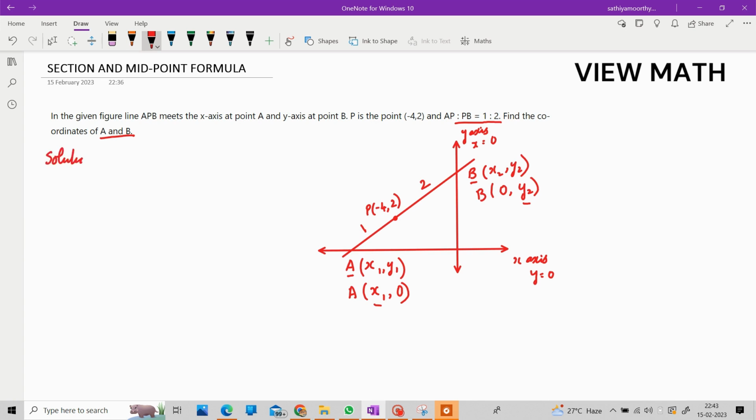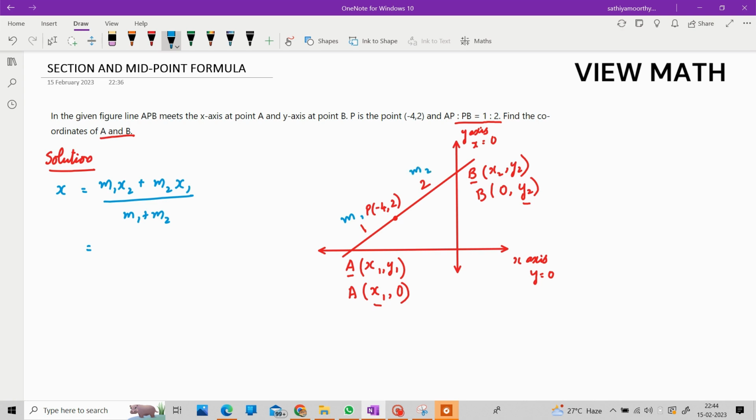Solution. I'm going to use the section formula to find this out. So first I'm going to use the section formula for x, which is x equals (m1 x2 plus m2 x1) by (m1 plus m2). Now in this, m1 is 1 and m2 is 2. So let me substitute.